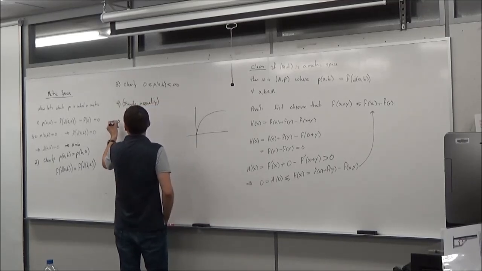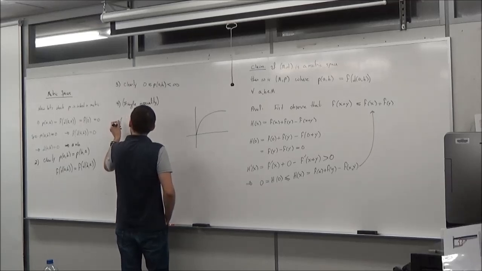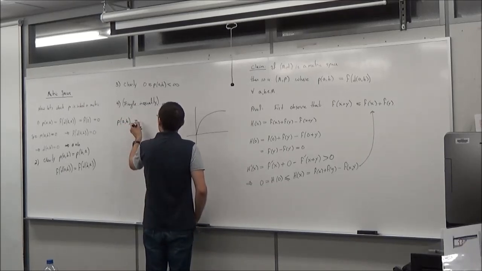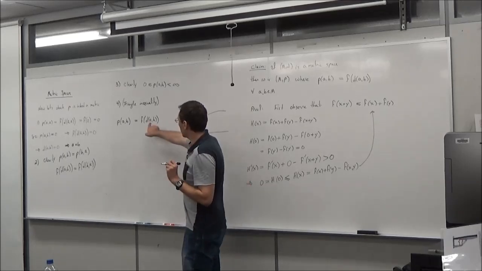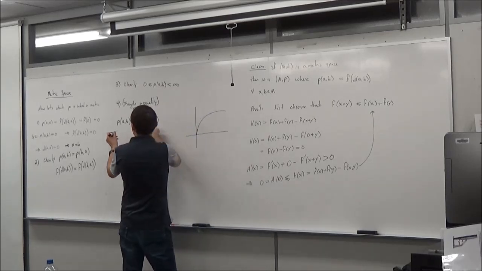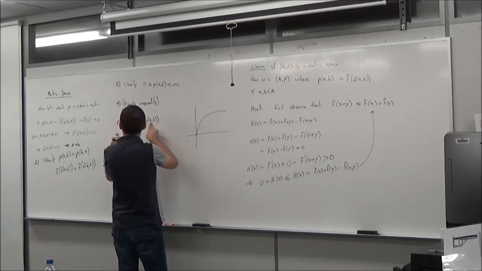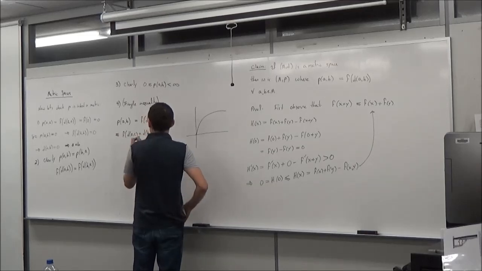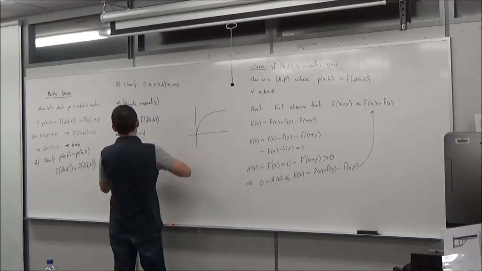If I take rho from A to B, that is the same thing as f of the distance A to B. Now the function is increasing. So what I'm going to do now, I'm going to use triangle inequality inside. So this is less than or equal to f of the distance from A to C plus the distance from C to B.